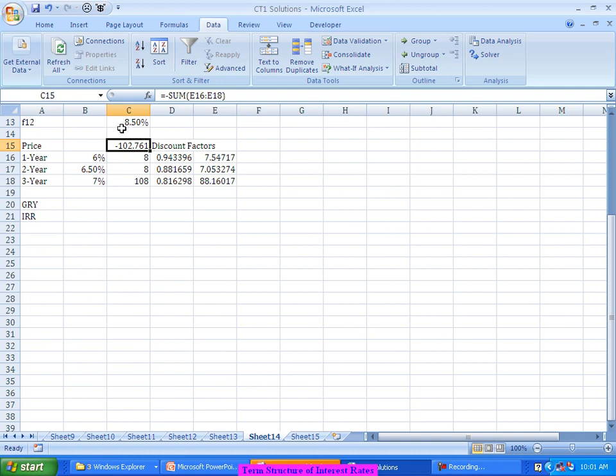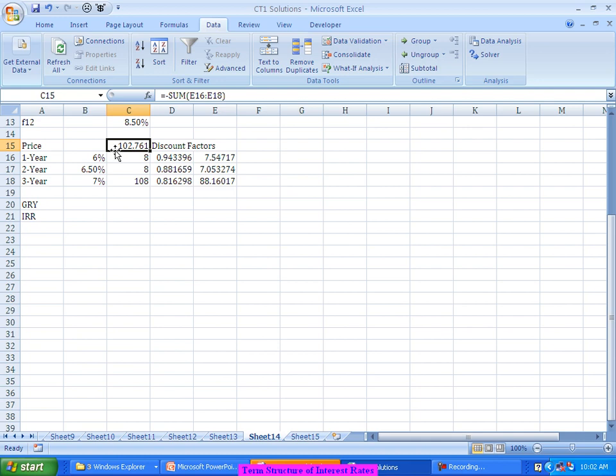So whenever we talk about the price of the bond, we will not have a negative sign here, because when we talk about it as a cash outflow, we'll put it as a negative sign, whereas the price of this kind of a bond, which is going to pay you 8 after 1 year, 8 after 2 years, and 108 after 3 years, going with 6, 6.5, and 7 as the spot rates for 1 year, 2 years, and 3 years respectively.